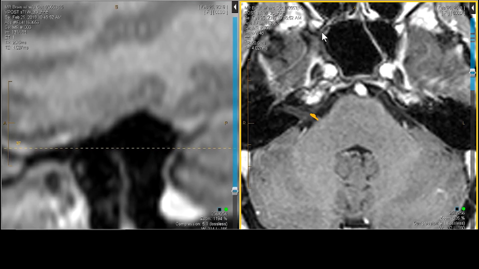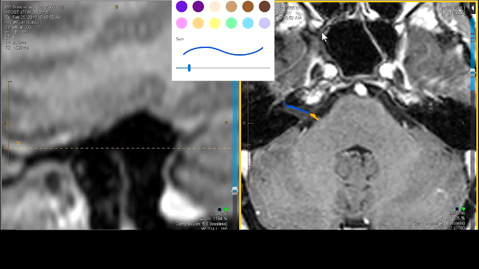Then we get into, let's use a different color here just to emphasize, what's called the meatal segment, also known as the canalicular segment within the 7th and 8th nerve canal. Then we get into the labyrinthine segment, which is the internal auditory canal segment all the way up to the geniculate ganglion.